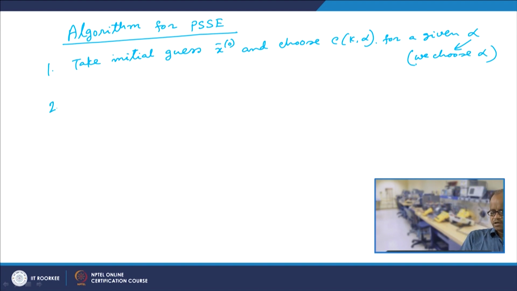Then set k equal to 0, this is the iteration count.